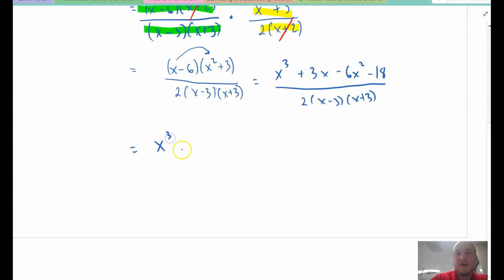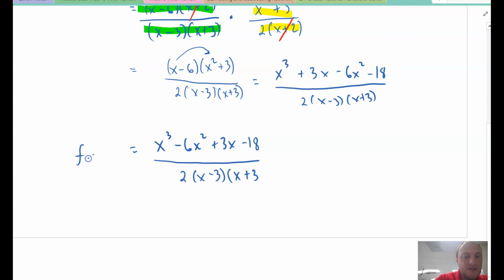I just have to shuffle two terms: x cubed minus 6x squared plus 3x minus 18 all over 2 times x minus 3, x plus 3. And again, the notation is f times g of x. All right, there you have it.